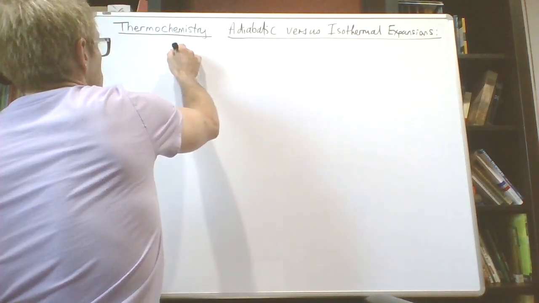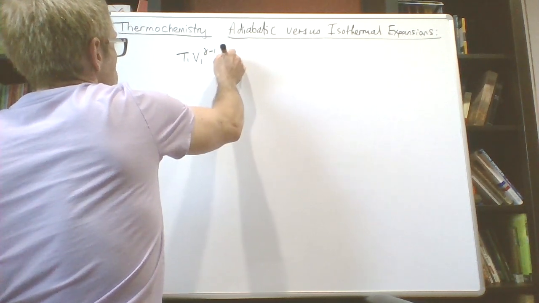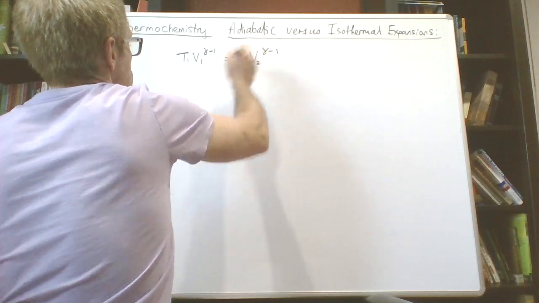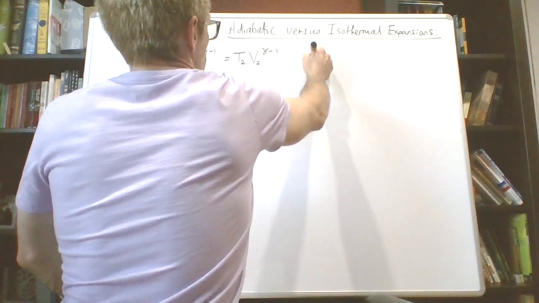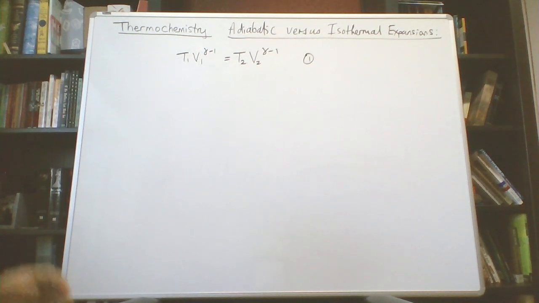We'll start off with T1 V1 to the gamma minus 1 is T2 V2 to the gamma minus 1. We call that equation 1. That's what we had previously.